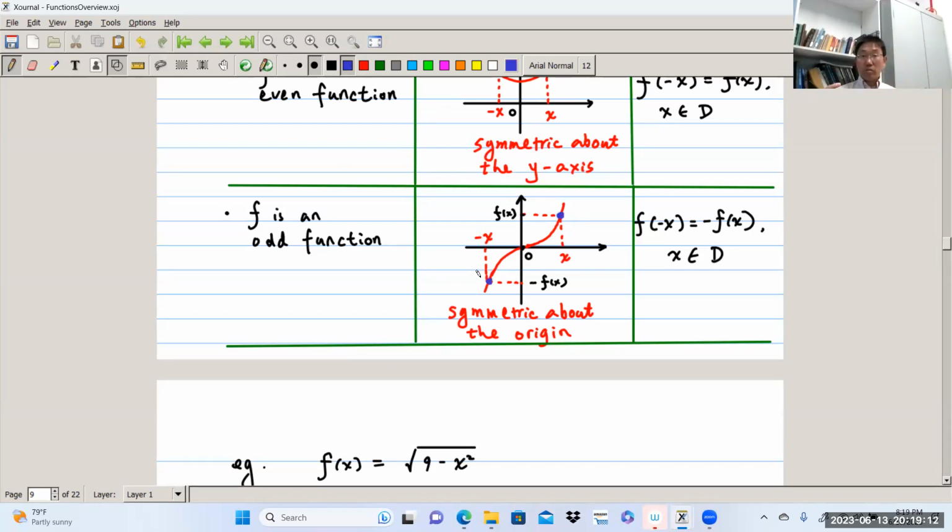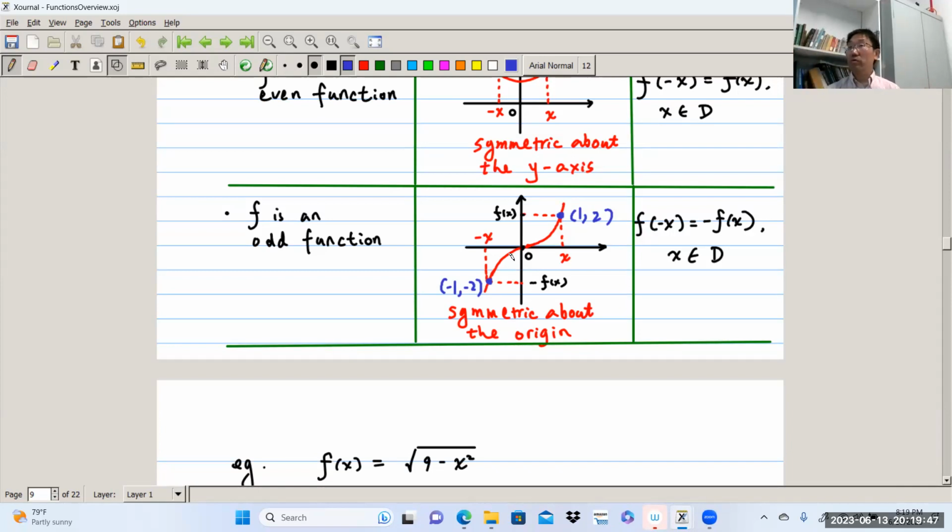For example, if this is (1, 2), then if you use -1, you get -2 as the output. So you have a point (1, 2) and a corresponding point (-1, -2), and vice versa. So you have the symmetry. The graph is called symmetric about the origin.